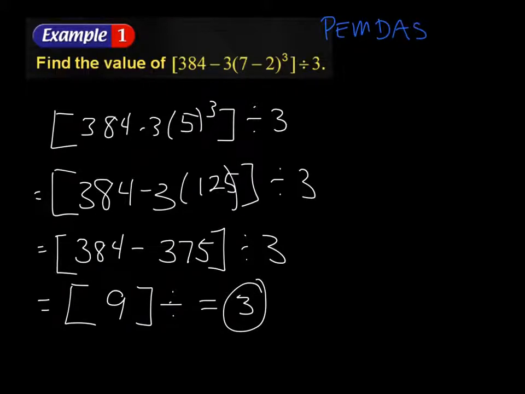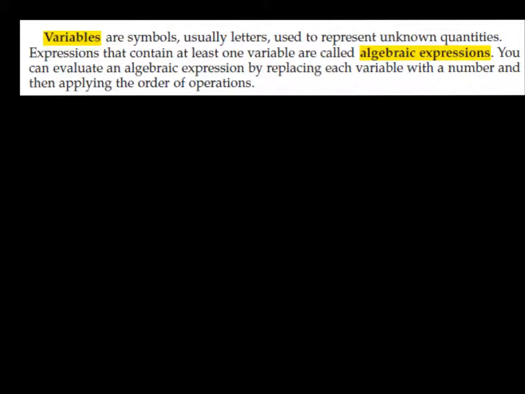We'll use order of operations to simplify expressions after we've substituted in algebraic expressions as well. Variables are symbols, usually letters, used to represent unknown quantities. Expressions that contain at least one variable are called algebraic expressions. You can evaluate an algebraic expression by replacing each variable with a number and then applying the order of operations.